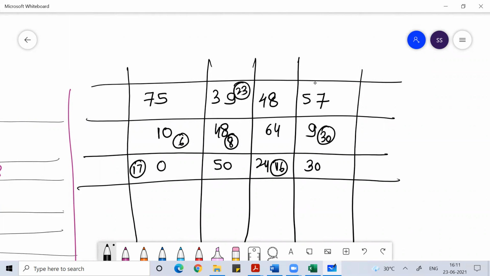Third row it should be 33, correct. First column 23 correct. Second column 31 correct. Third column 16. Fourth column 30. Okay, done.